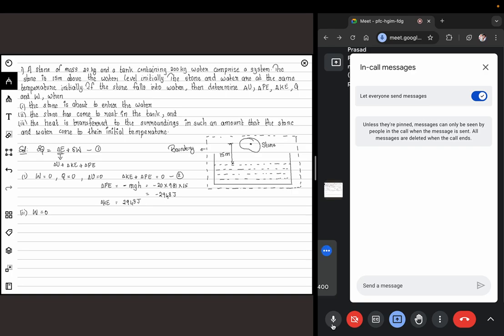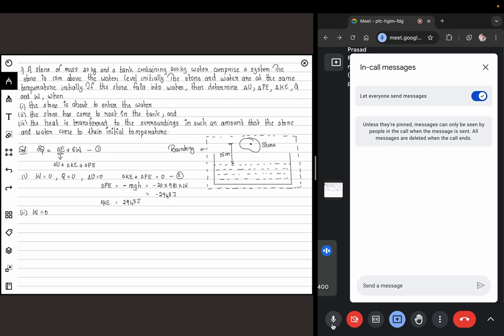And what is the change in kinetic energy? Once it comes to rest, let's say eventually the stone comes here and sits at the bottom. At that particular point, its velocity is 0.